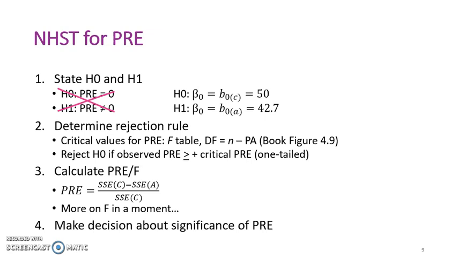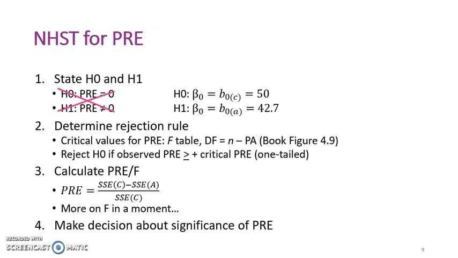That's our degrees of freedom to get the critical values for PRE. And then our rejection rule is to reject the null hypothesis or reject model C if the observed PRE is greater than or equal to the positive critical PRE value. This is a one-tailed test because we are always looking to calculate a higher observed proportional reduction in error.